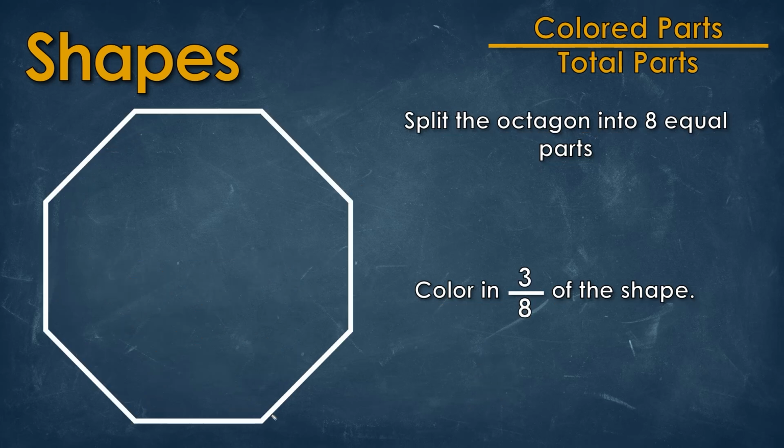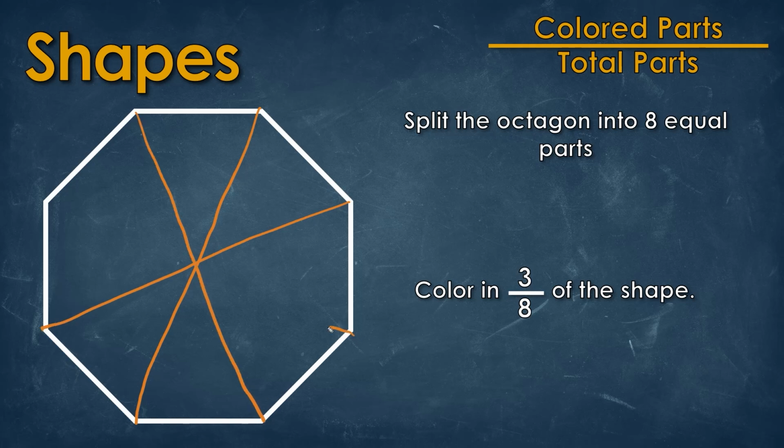Okay, let's try the octagon now. For this one, I'm going to do the corners to divide it into 8 parts equally. All right, now we've divided it into 8 parts equally, and we need to color in 3 out of the 8 parts of our shape.